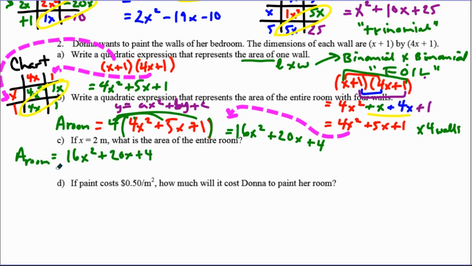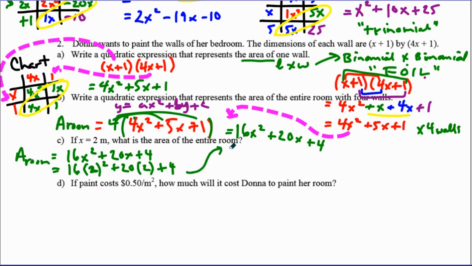And then we're going to put the 2 in for that. 16, and then the 2 goes in, 2 squared, plus 20 times 2, plus 4. Okay, let's bring that up here. And so what do we have?